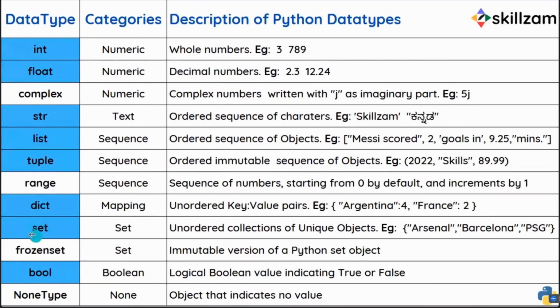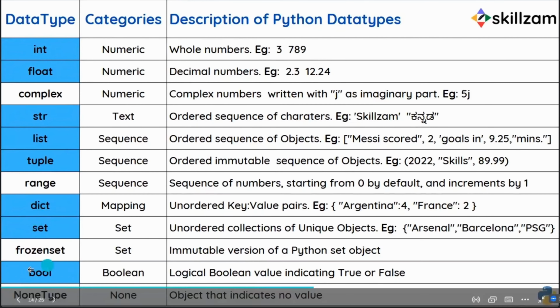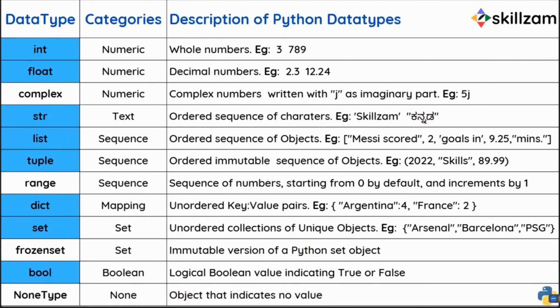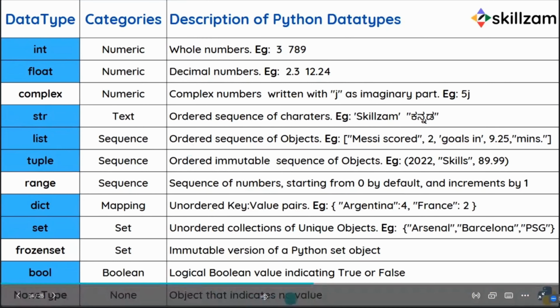We'll talk about how they are different from dictionaries and all that. There is also something called frozenset, which is the immutable version of the Python set objects. We'll talk about that. And boolean, as the name itself suggests, is either true or false. And then there is the None data type, which indicates no value.